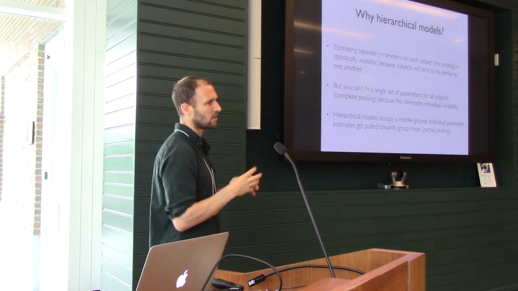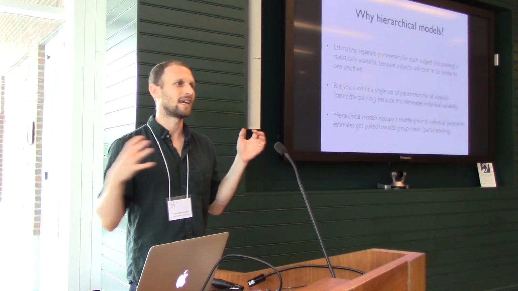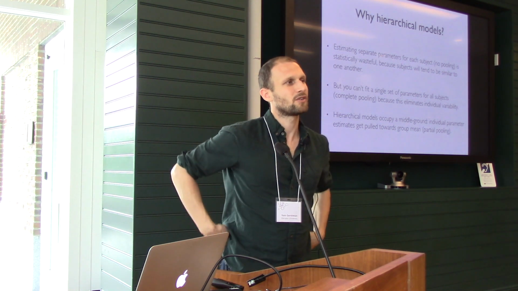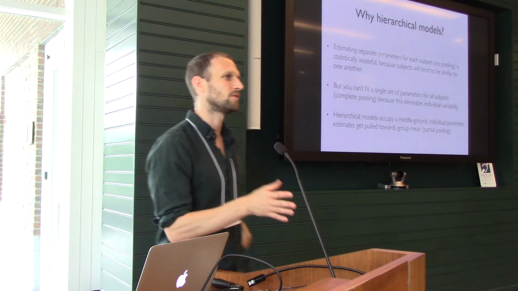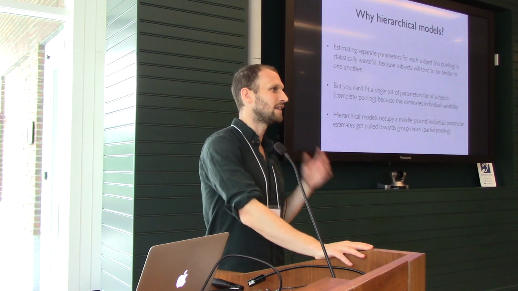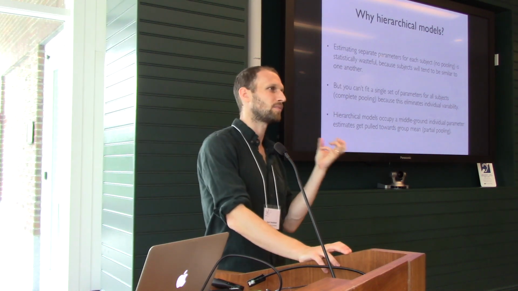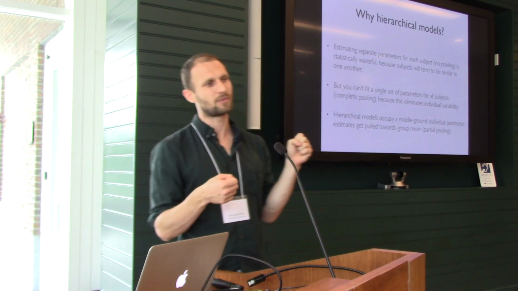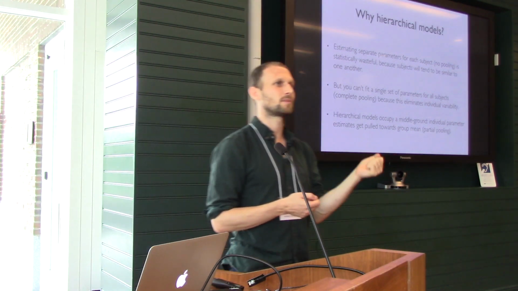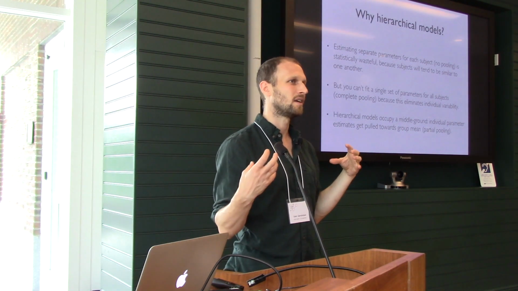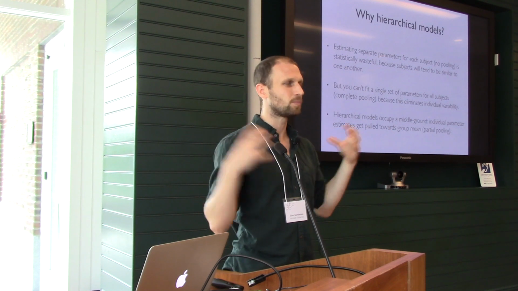There is an advantage because now you've got lots more data to estimate the parameters. Depending on your experimental design, you might have only a small number of data points, so if the data are noisy, the single subject parameters could be really unreliable. So we have this tension between the unreliability of single subject estimates and the inflexibility of the group level estimates.